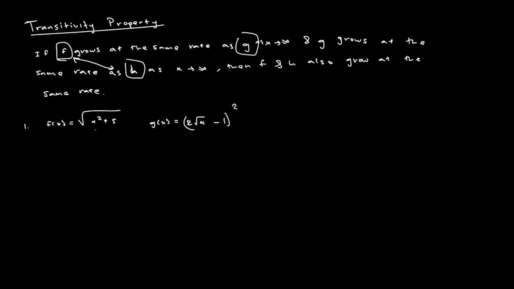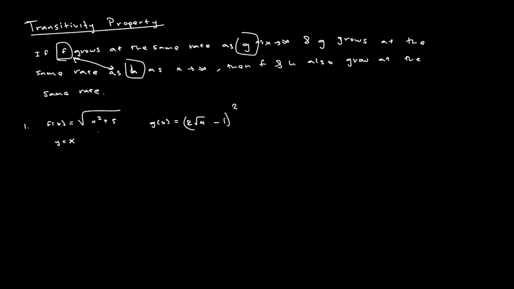So we can see that the relative growth rate of this function in the limit will be around the function y is equal to x. And that's because the leading term over here has an x squared, and when you square root that, our leading term will be x to the power of 1. And so the family of functions that it grows around will be y is equal to x.